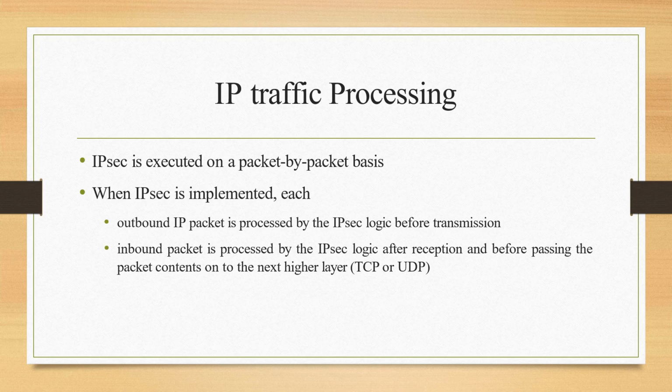When IP security is implemented, each outbound IP packet is processed by the IP security logic before transmission, and each inbound packet is processed by the IP security logic after reception and before passing the packet contents onto the next higher layer, for example, TCP or UDP.